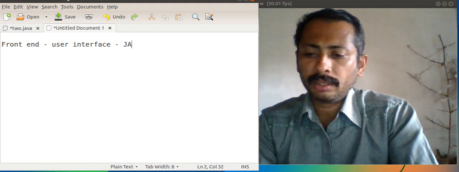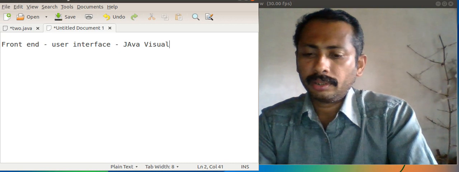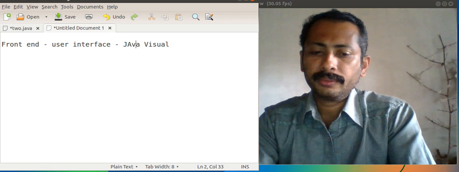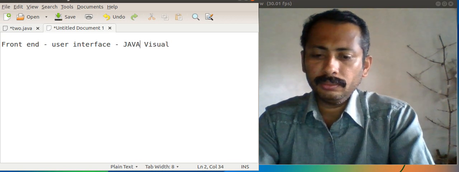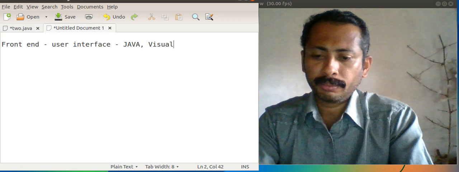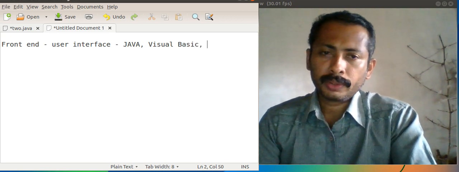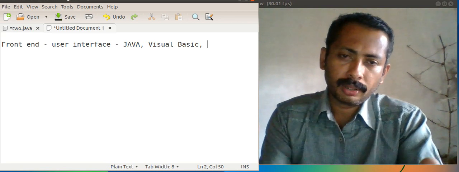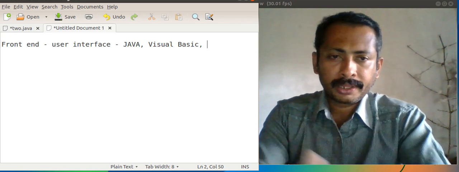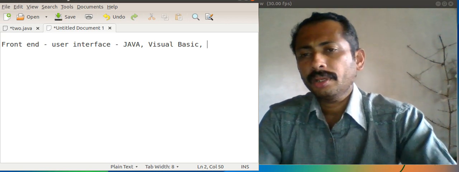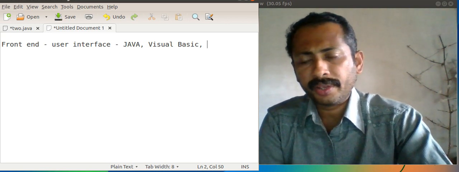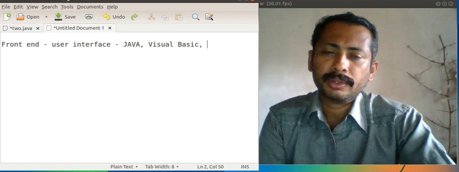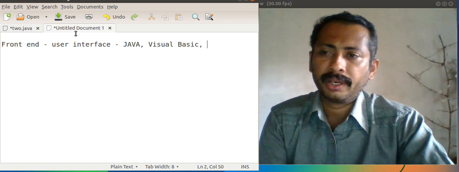Examples can be Java, some Visual Basic programs, or Visual C++ programs, or HTML, PHP programs, or some Python programs like that. That means we are designing interfaces for the user to use the data stored in the database. This is what we call front end.